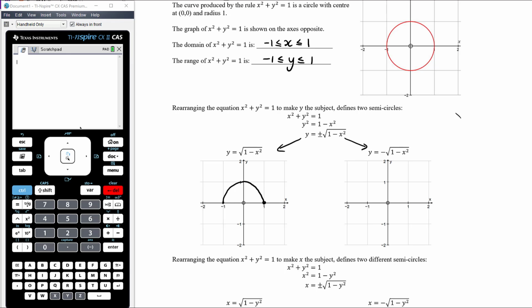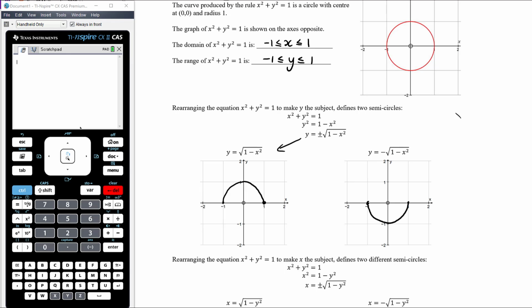y equals negative square root of 1 minus x squared. If you think about how to get from there to there, you've multiplied by -1, and so therefore you've reflected in the x-axis. And so this is also a semicircle, but this semicircle.